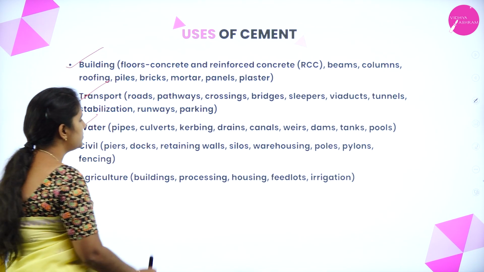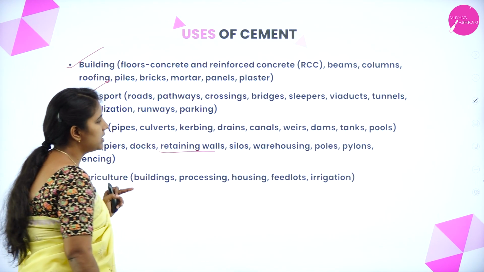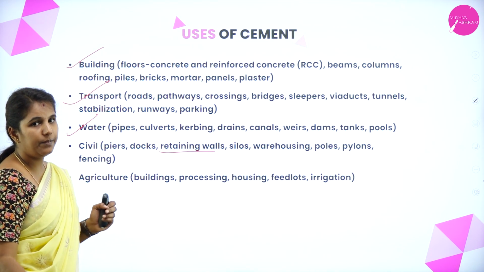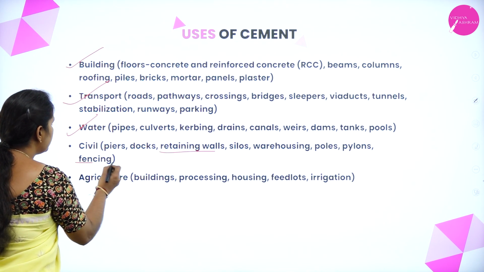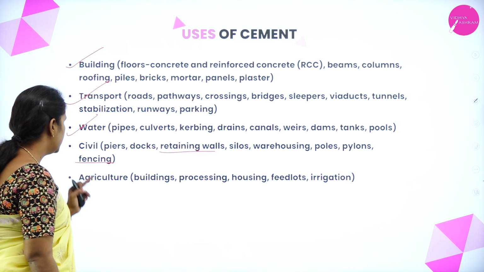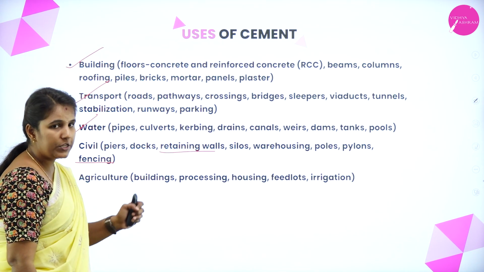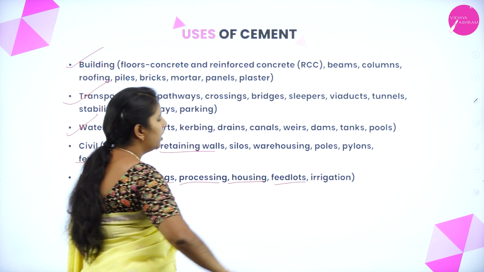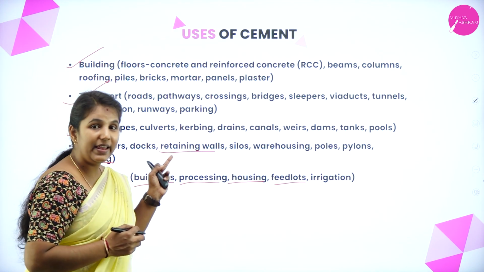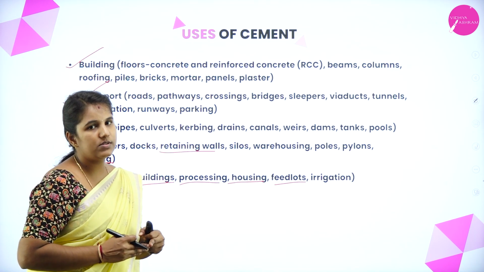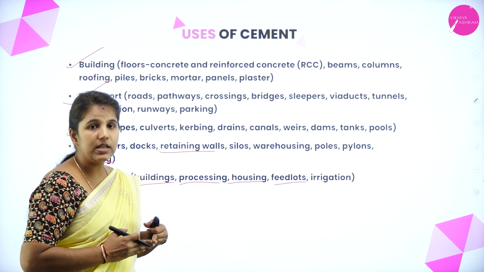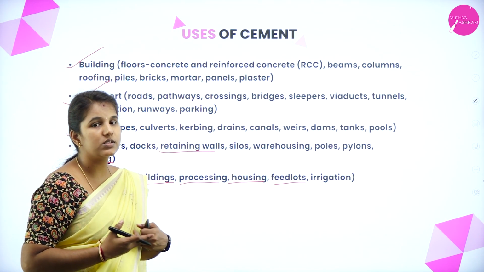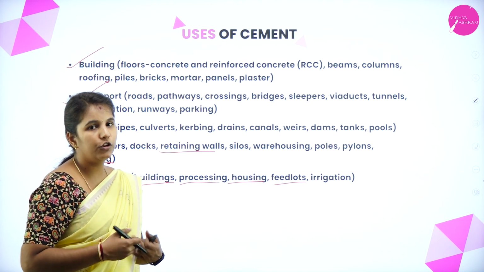Civil ducts, retaining walls, silos, warehousing, poles and pylons are also made using cement, and so is fencing. In agriculture, especially for building processing housing and feed lots, and also for irrigation, we use cement. So these are a few important uses of cement, which is used everywhere, especially for construction.